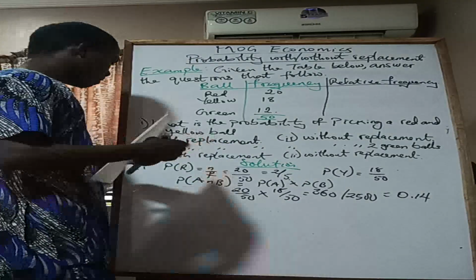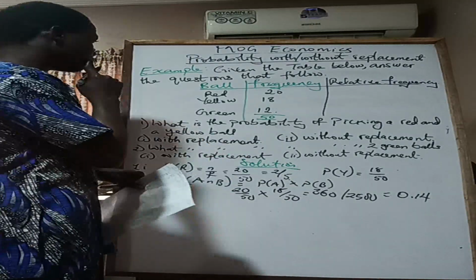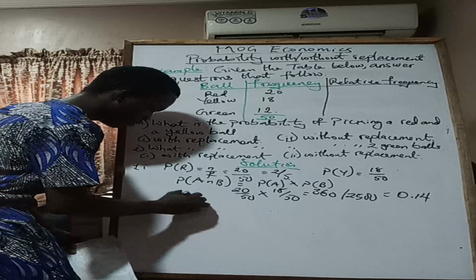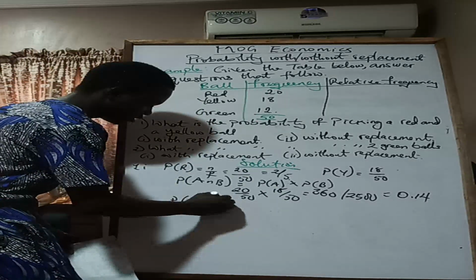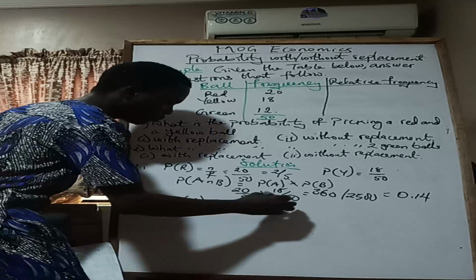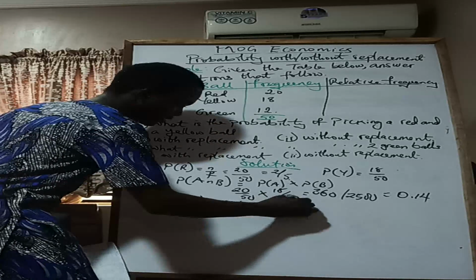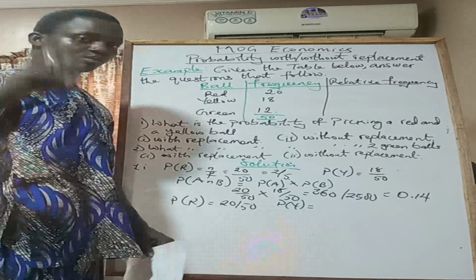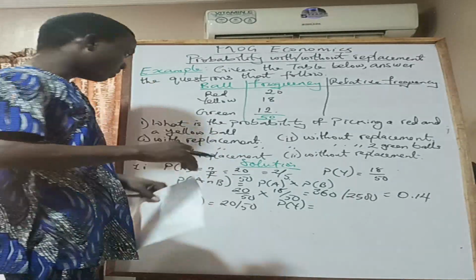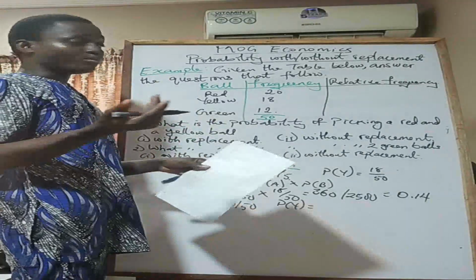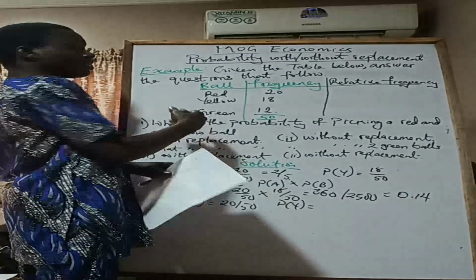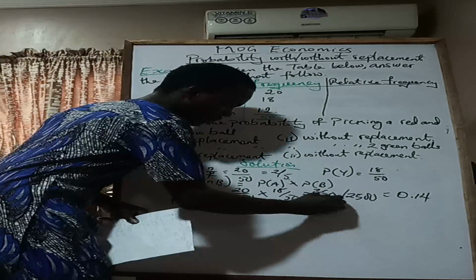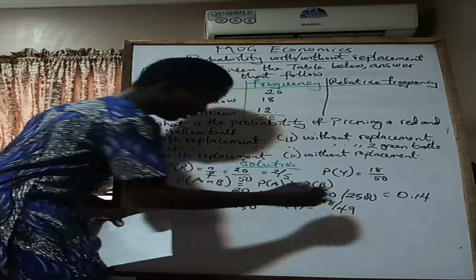Since we are picking the red ball first, the probability of the red ball is still what it is, 20 over 50. But for the probability of the yellow ball, you did not return the red ball, so now your sample space has reduced to 49. And it wasn't a yellow ball that you picked, you picked the red ball, so the total number of yellow balls is still 18, but now divided by the total, which is 49.